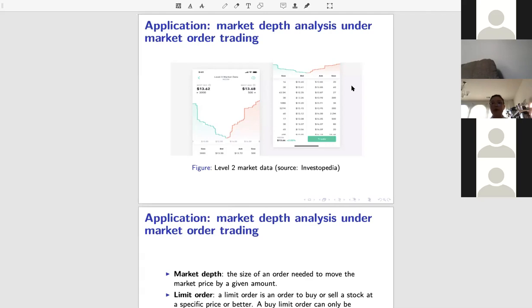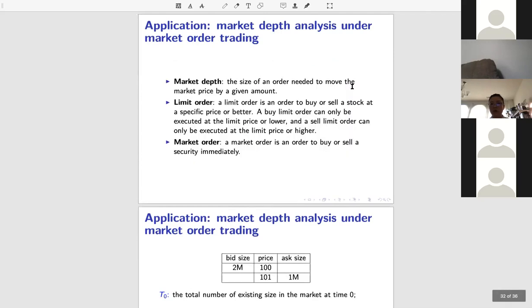So this is the starting point of our application. Let's first go through some related definitions.